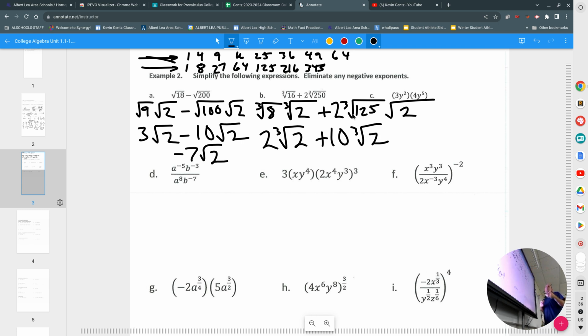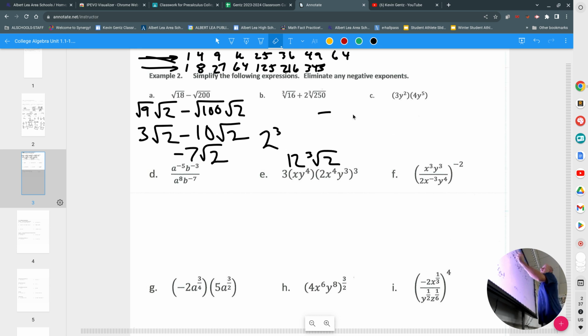And as I add those together, you can see that I get 12 cube roots of 2. So the mistake people make with this problem is they don't grab the perfect cubes, and then they don't list the cube root at the end. If you don't write that cube root, say it's a 2-point problem, I take off a half a point. Okay? Got to make sure you write your index up there.